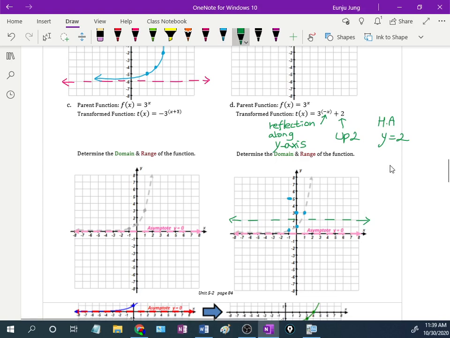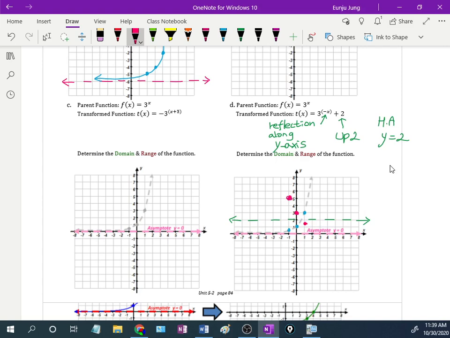Can I use different colors for all three? And this is the new location, and this is the new location. Okay, first up 2, blue goes to purple here. And now let's move this one up 2 and the other side, because it is reflecting along the y-axis.